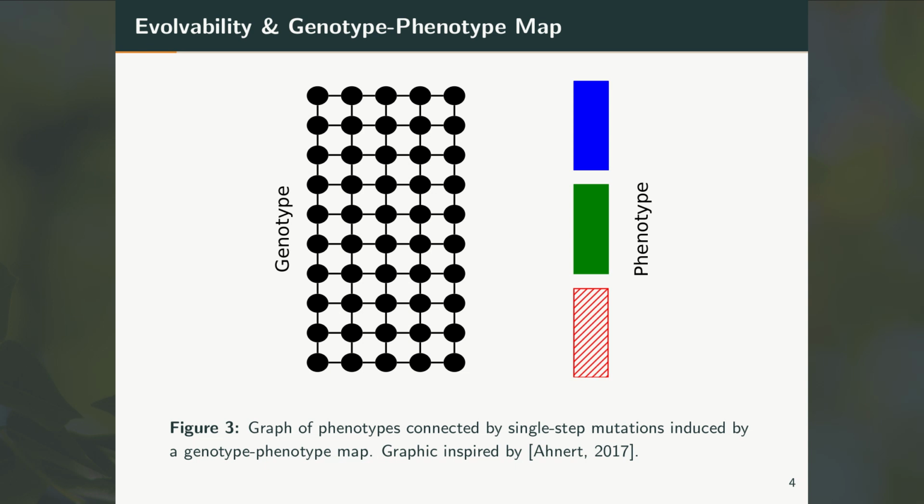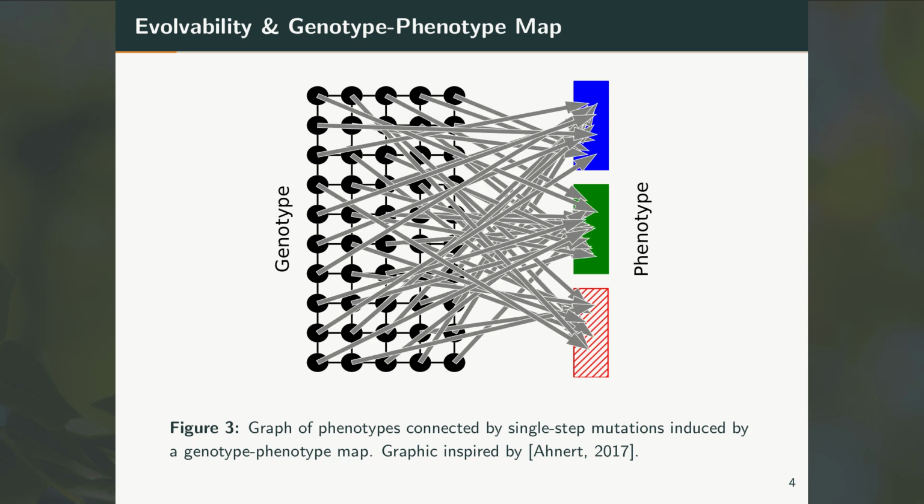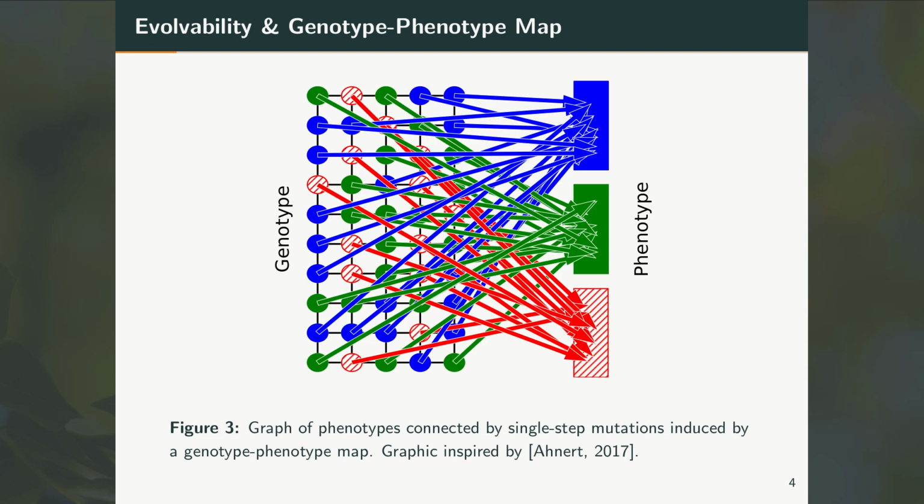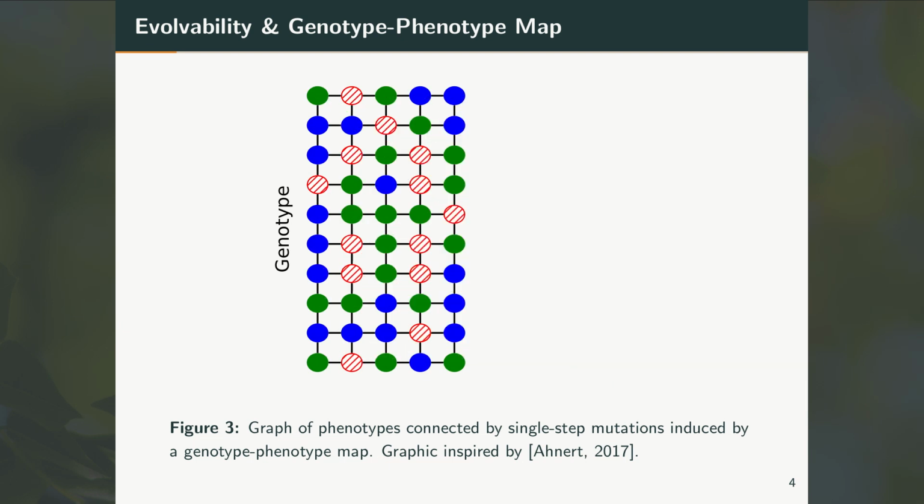And then we have three possible phenotypes on the right. Let's consider the phenotype on the bottom, the red dashed phenotype, to be invalid or non-viable. So we have an arbitrary genotype-phenotype map. We can trace back the phenotypes, and now we have a mutational network connecting various phenotypes.